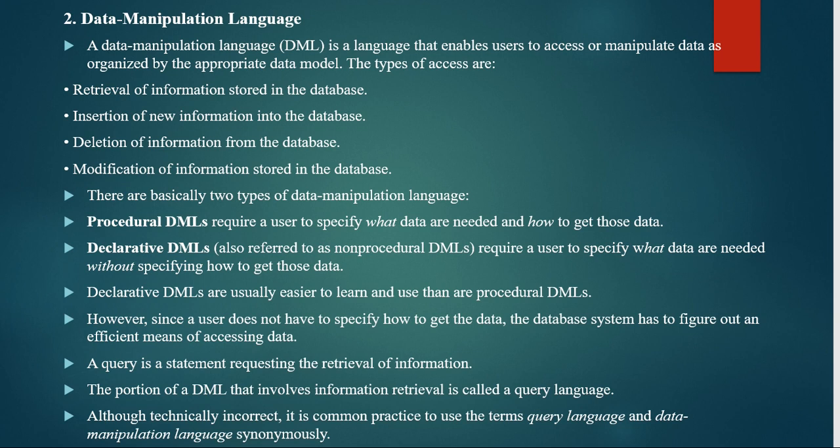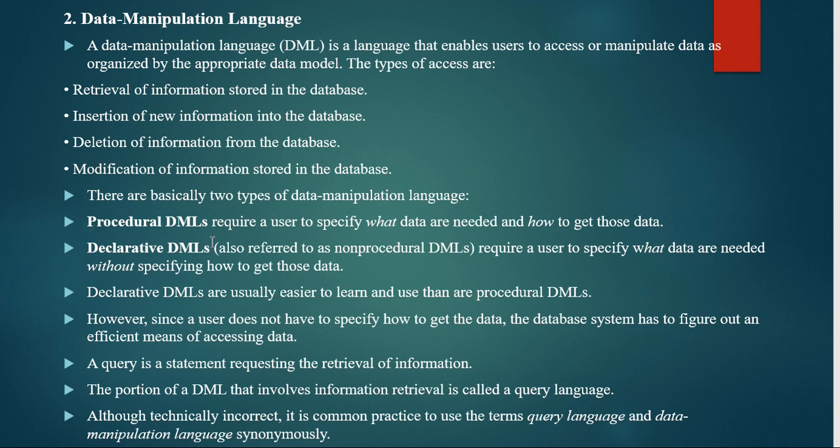Procedural DML tells what type of data you want to access from the database, and the method through which you will access it. These two things are handled when you consider procedural DMLs.